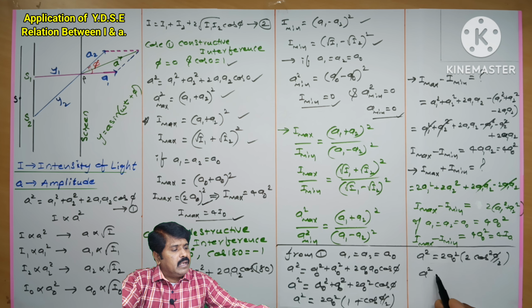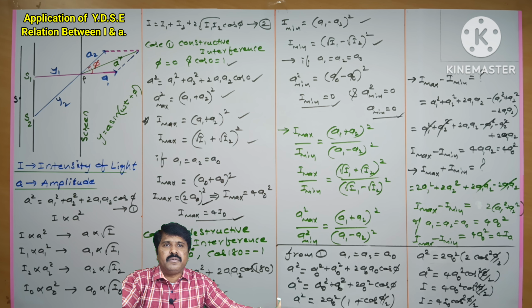So a square is equal to 4 a naught square cos square phi by 2, so that I is equal to 4 a naught square cos square phi by 2. Okay, I is equal to 4 I naught cos square phi by 2.